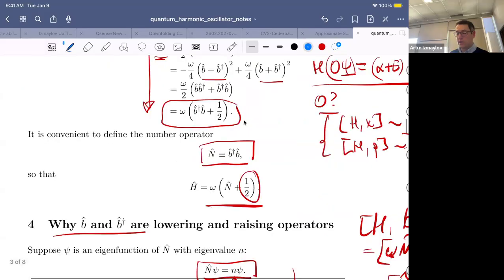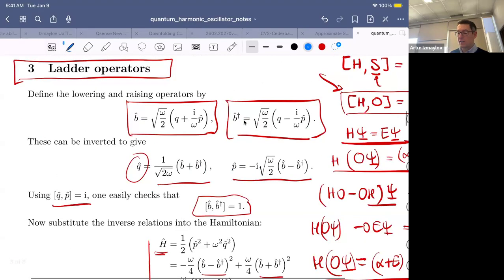Look at B and B dagger: Hermitian conjugation just changes the sign in front of the i. That's the complex conjugation, and both Q and P are Hermitian operators, so they're not changing. The only thing that changes is the sign. And that's just to show that B and B dagger are related with the Hermitian conjugation.